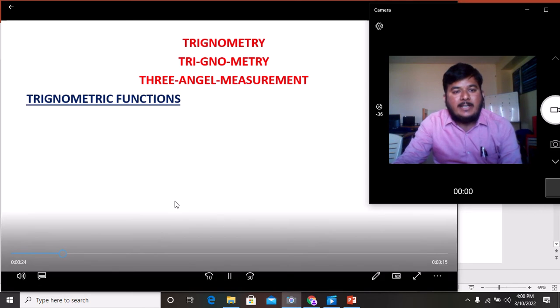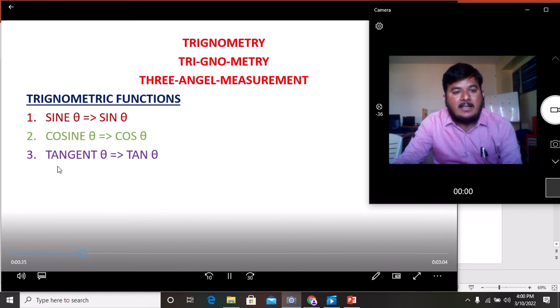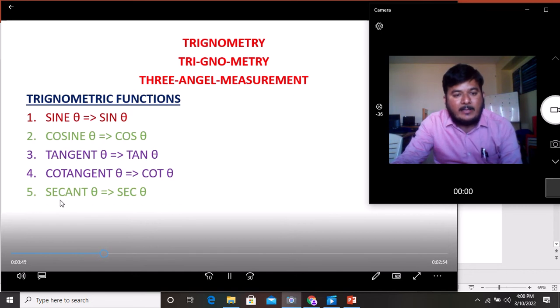We have sine theta. By taking three letters of sine theta, it is written as sin theta. Similarly, cosine theta as cos theta, and tangent theta as tan theta. Cotangent theta is cot theta, and secant theta is written as sec theta by taking three letters.